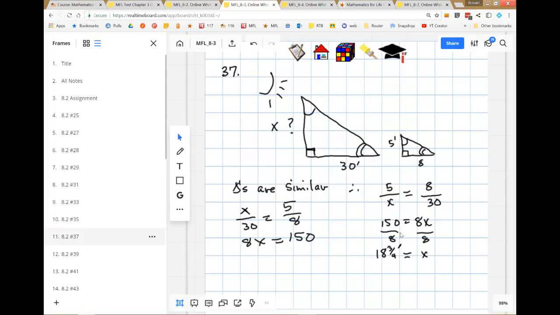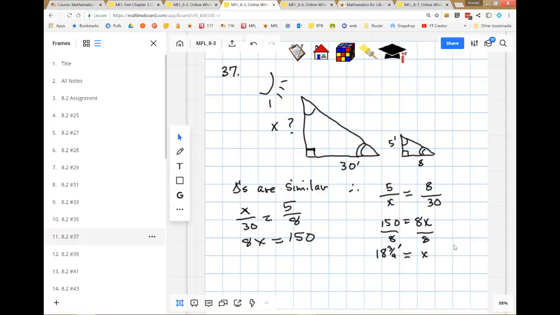Because they're similar, we can set up a proportion. The fence post, 5, is to the height of the telephone pole, which we don't know, so I call that X, as the shadow of the fence post, 8, is to the shadow of the telephone pole, 30. Then you just cross multiply.